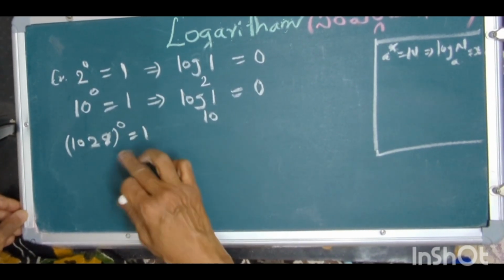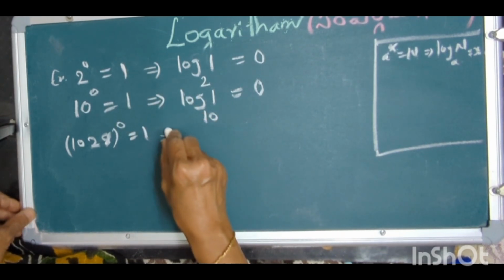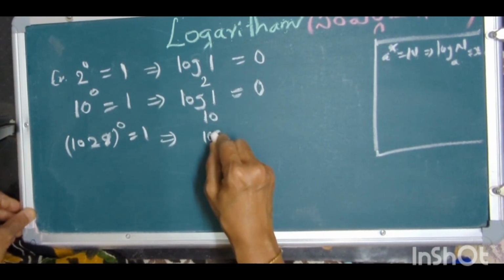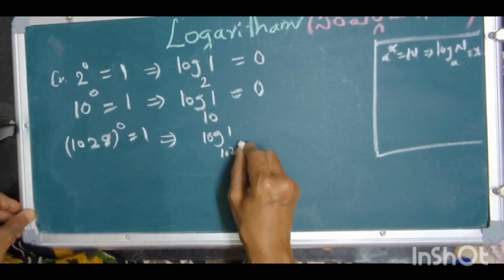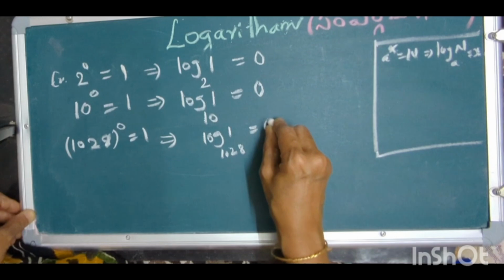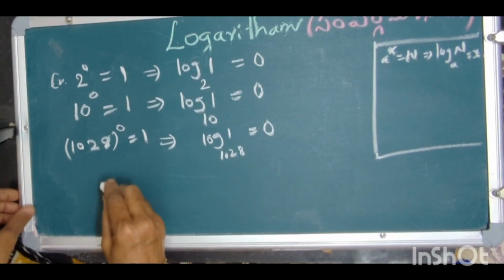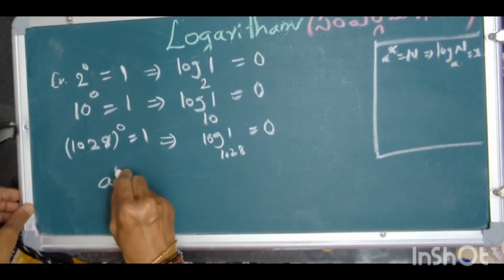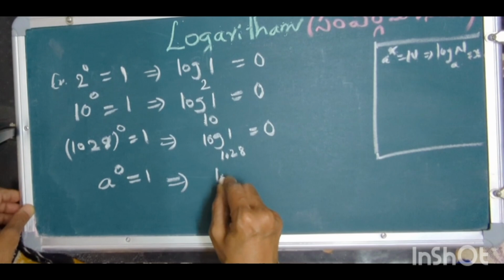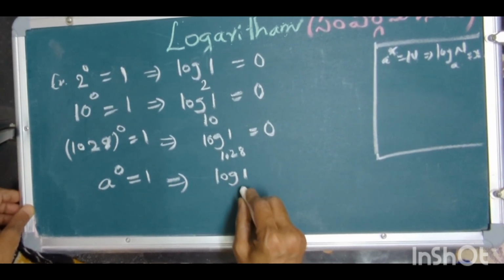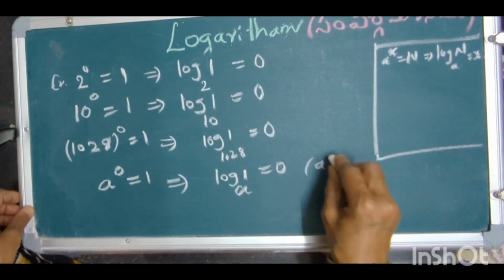We know any number to the power of 0 is equal to 1. So ఇక్కడ logarithm of 1 base 1028 is equal to 0. So in general we conclude that if a to the power of 0 is equal to 1, then log 1 base a is equal to 0, where a is greater than 0.